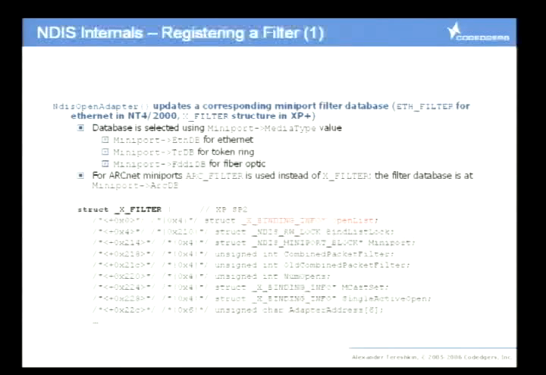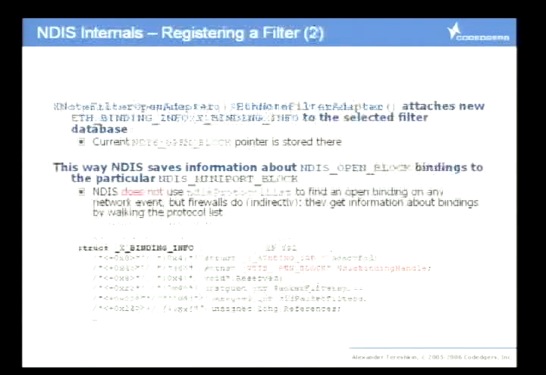This is a singly linked list of X-binding structures, and these structures actually contain our pointer to the just registered NDIS_OPEN_BLOCK. So you see that NDIS does not use ndisProtocolList to find an open binding on any network event.